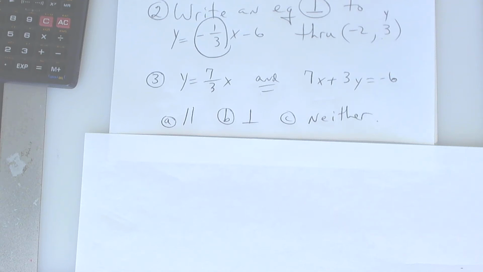Nobody can tell me? This tells you what they're asking you right here. Who can tell me what they're asking you? Are these lines parallel? That's what they're asking you. Now, how do I know if they're parallel?